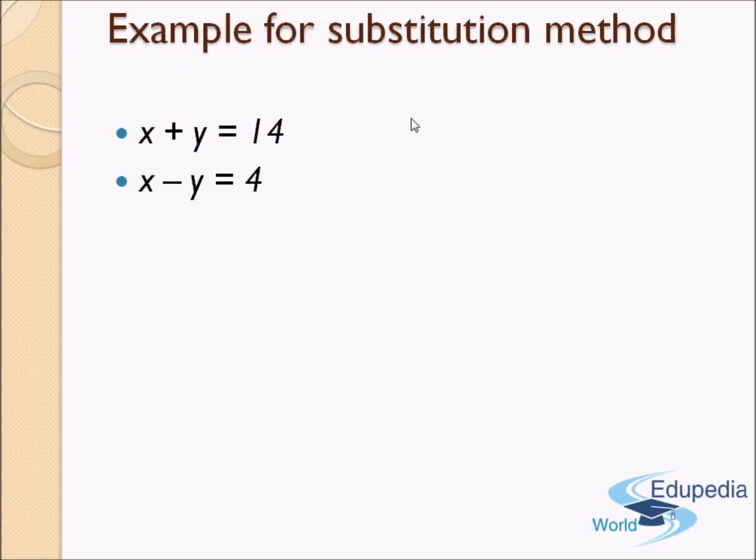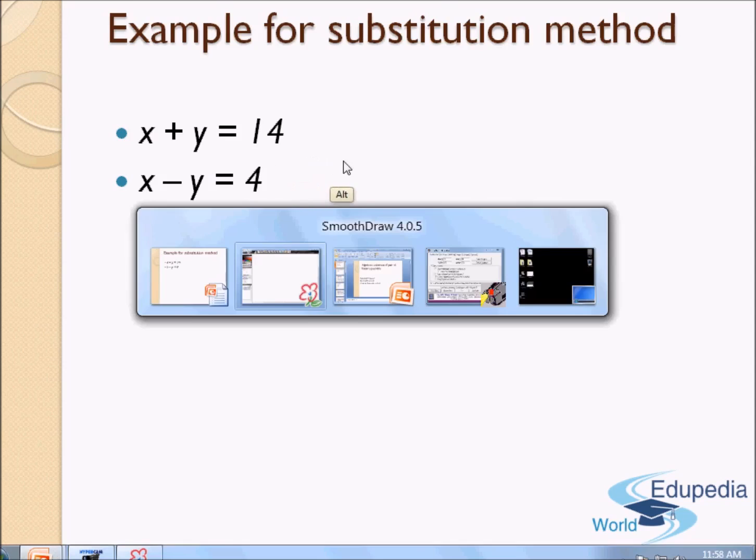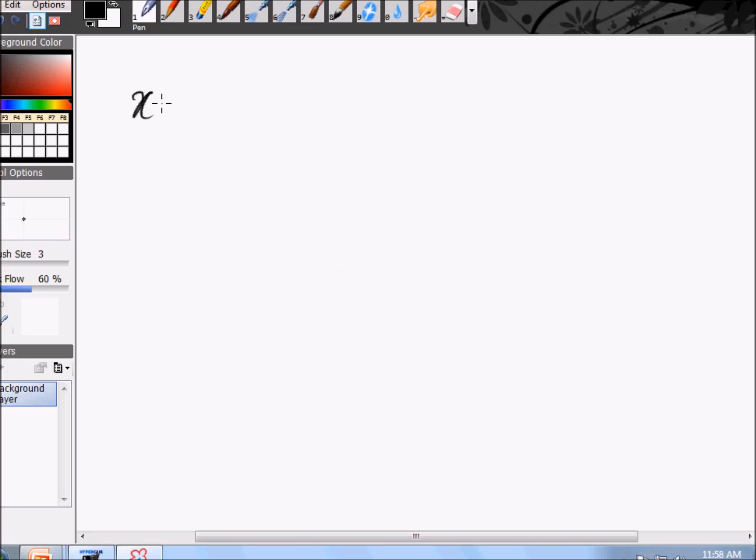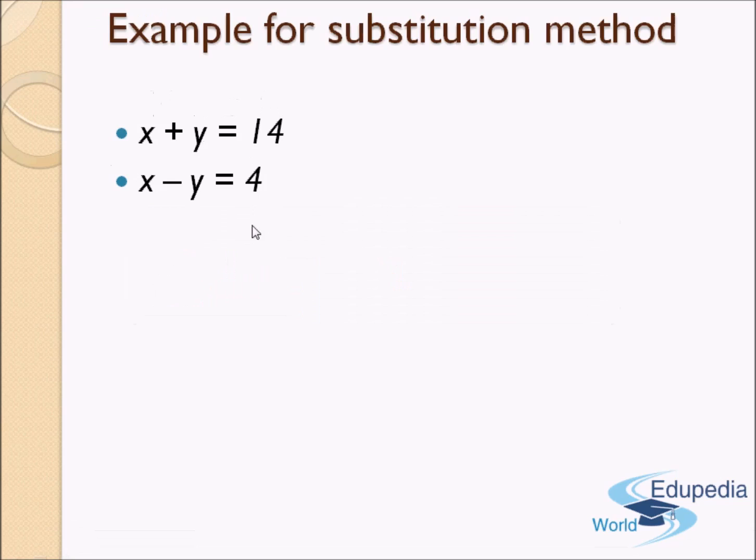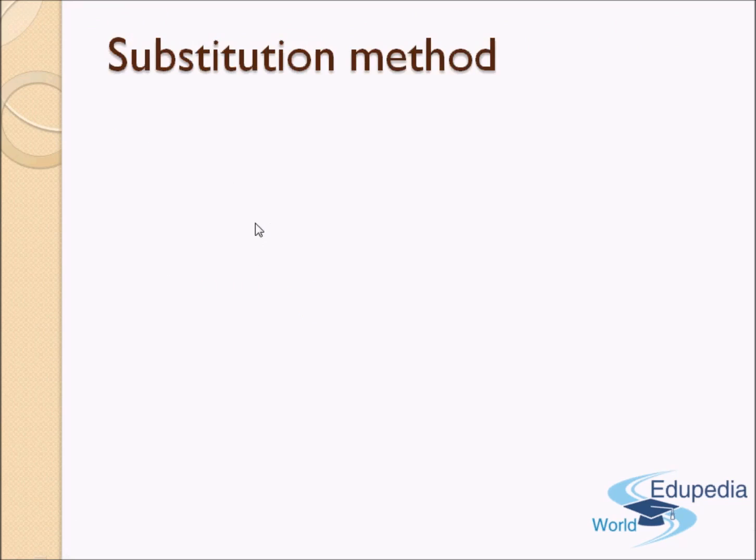For studying substitution method for a pair of linear equations, we have an example. x plus y equals 14 and x minus y equals 4. The substitution method I have summarized in a few steps.